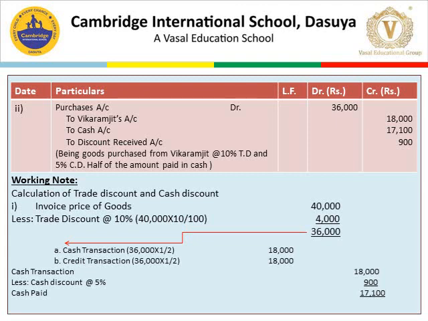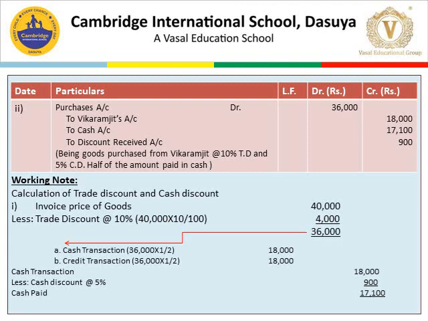Vikramjeet's account credit with 18,000. It is the credit transaction's amount. And to cash account. Cash account means the amount remained after cash discount. Now this is 17,100 which we have calculated at the end. To discount received is 900.